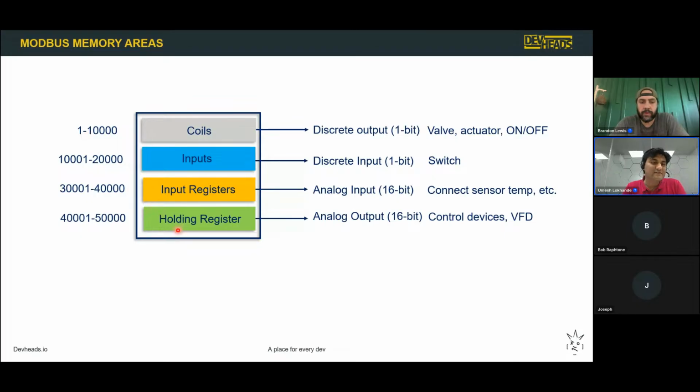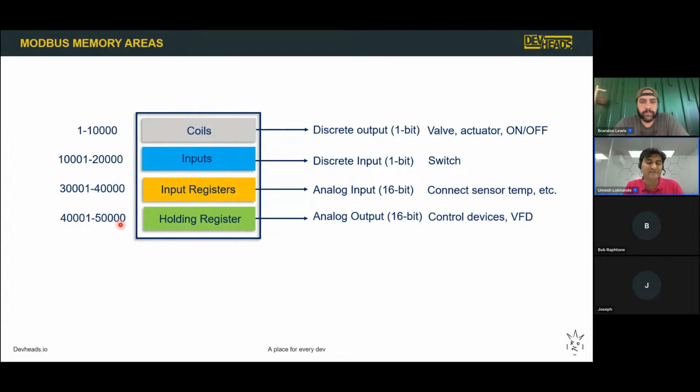And holding registers, 40,001 to 50,000, is the address range in which we store values. So let's say we want to write a text string, hello world, the most famous text on planet Earth. If we store the hello world string into the holding register, that means hello world will be stored from 40,001 to 50,000.